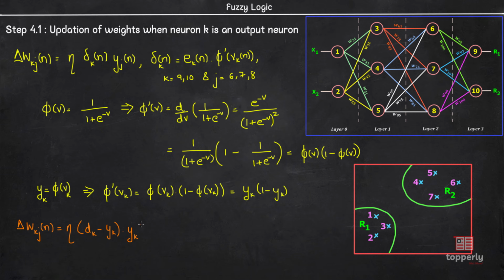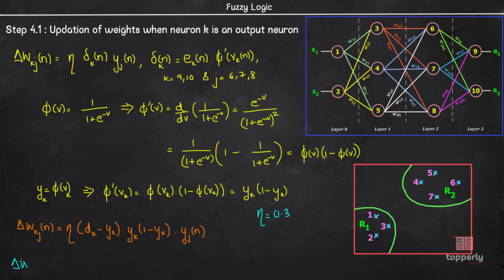So we covered the term dou k of n. Now we also have yj of n in the equation, so into yj of n. Let us fix the value of eta equal to 0.3 for this problem.